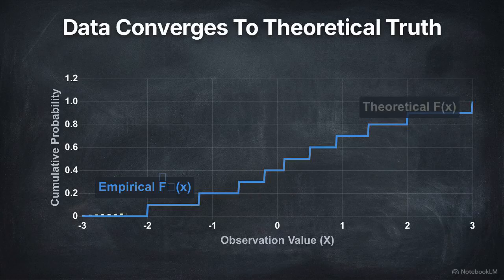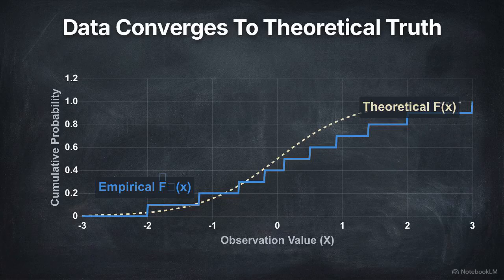To prove that this jagged line actually represents the population, statisticians rely on the Glivenko-Cantelli theorem. The theorem continuously measures the maximum vertical distance between our jagged, incomplete empirical data line and the true, invisible theoretical curve that governs the entire population. It provides a strict mathematical guarantee.